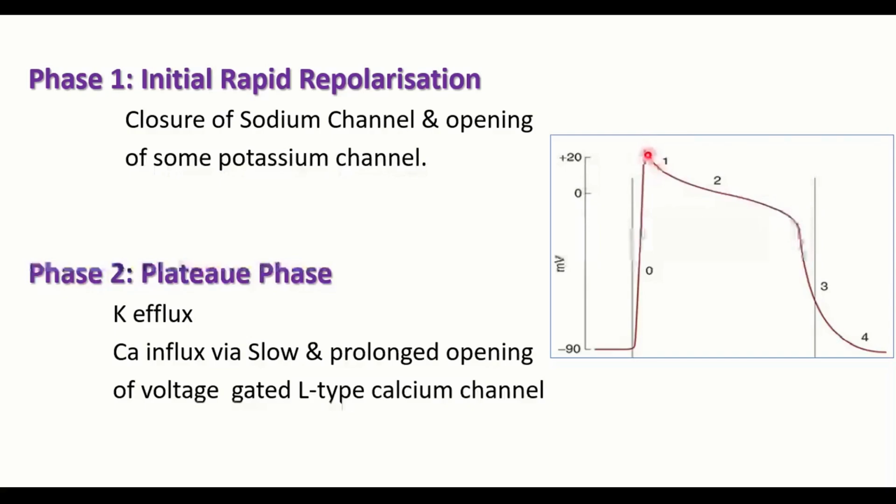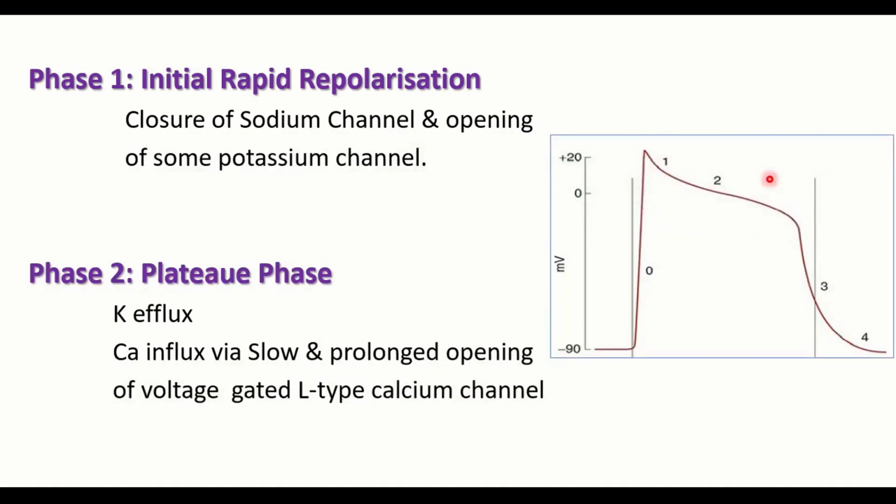It is returning back to its negativity by sending potassium ions outside, known as potassium efflux. That's why this phase is called initial rapid repolarization, where there is closure of the already opened sodium channel and opening of potassium channel leading to potassium efflux.